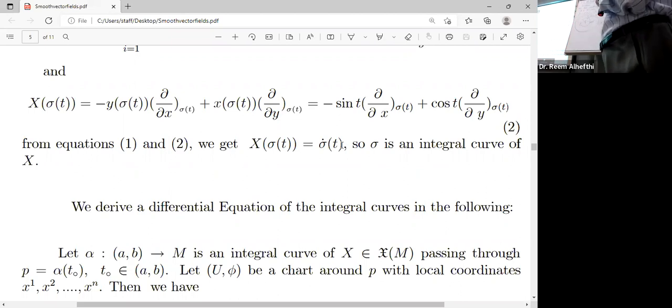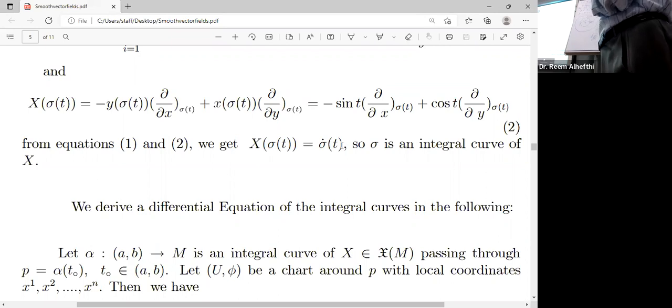So X of sigma t will be equal to, and you know that the tangent vector of the curve is given by, now equate this component and we get dx_i/dt equal to f_i at t, sigma t, where these x_i's are nothing but x_i of sigma t.